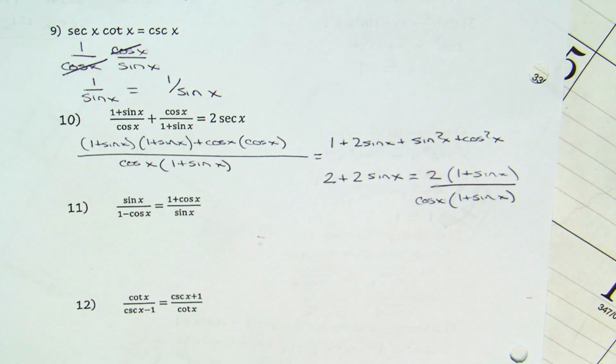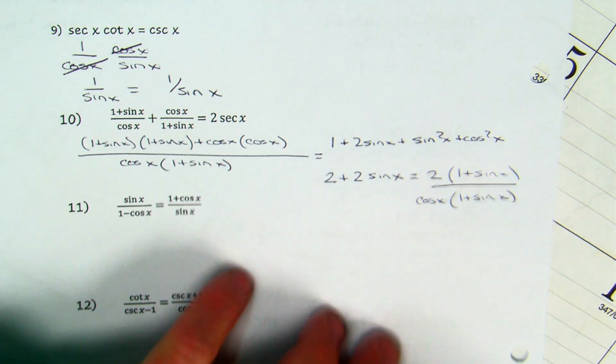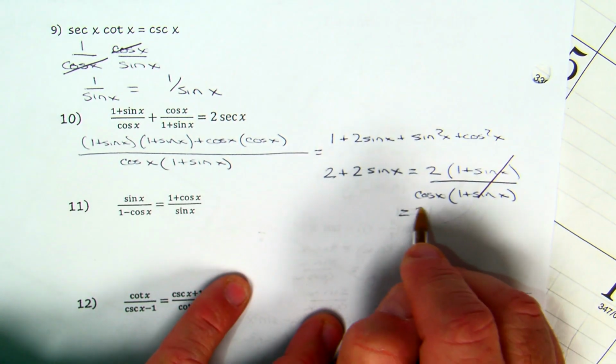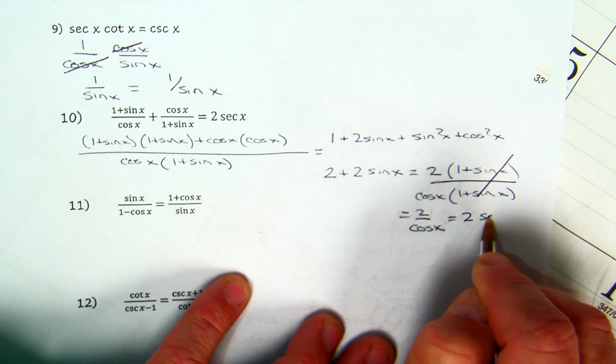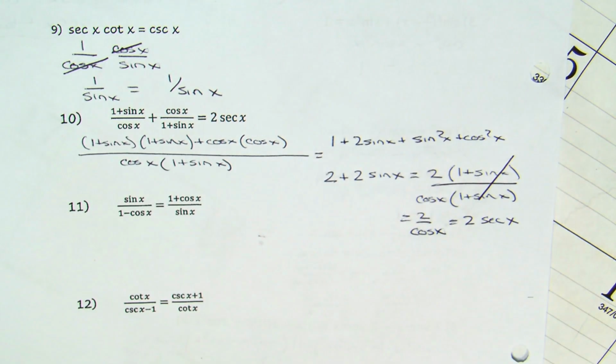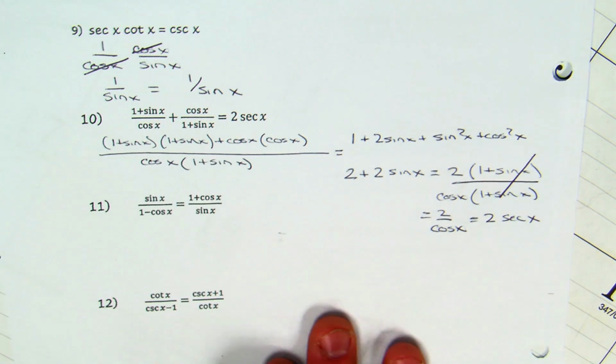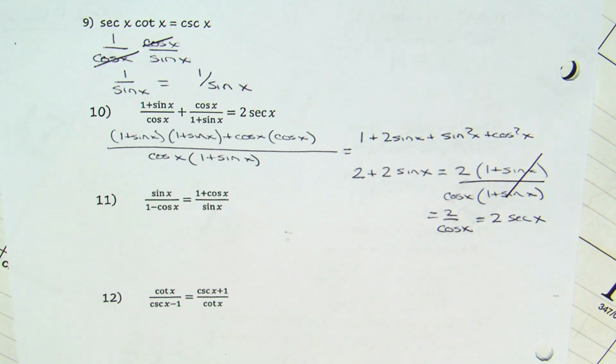What do the 1 plus sine x's do to each other? Cancel out, giving you a 2 over cosine x, which is 2 secant x. Good?